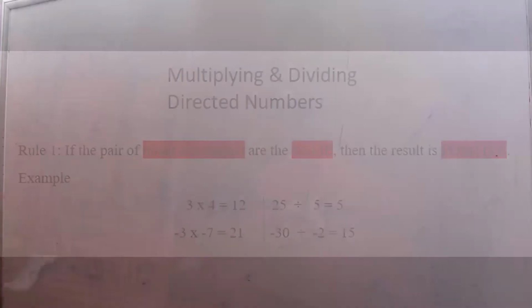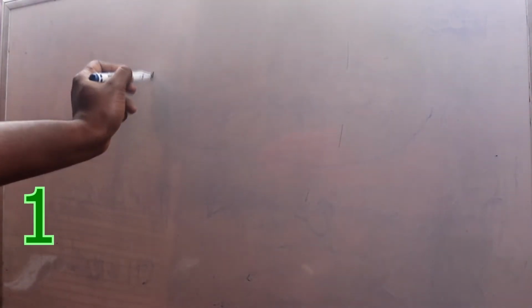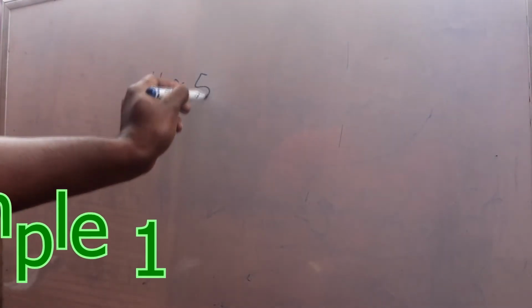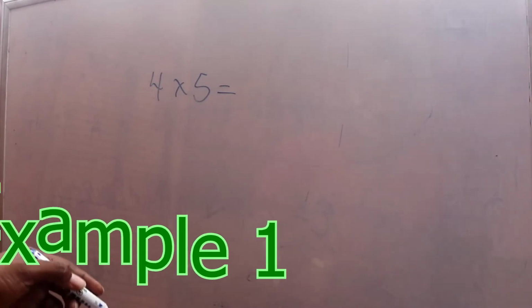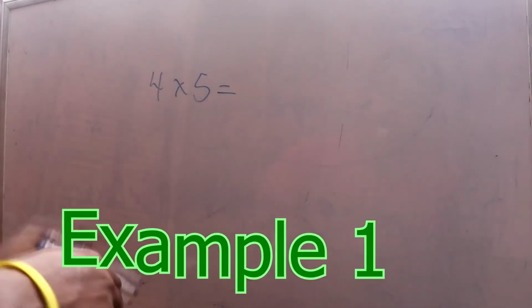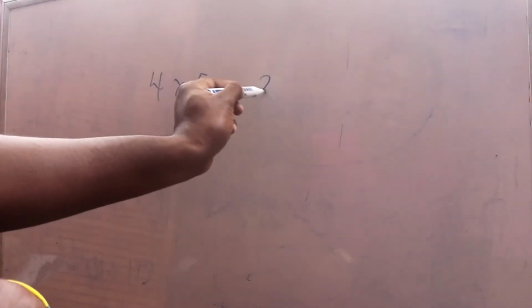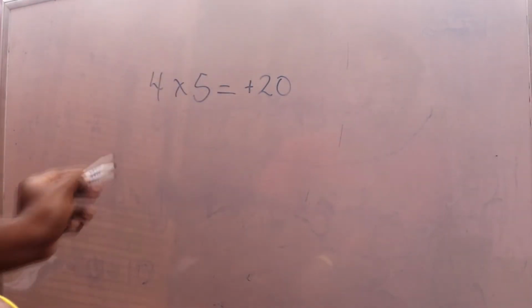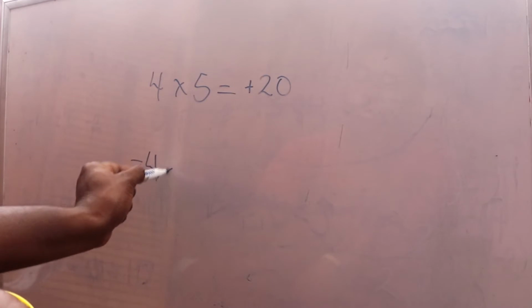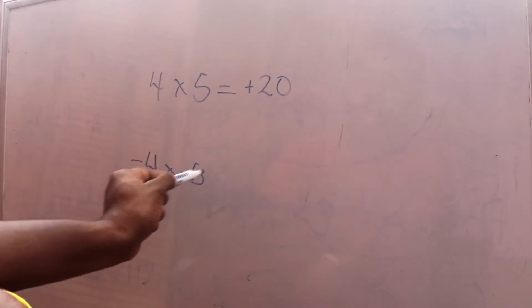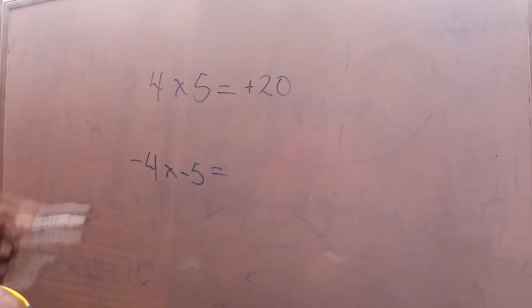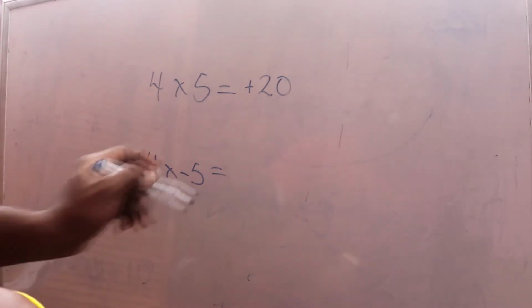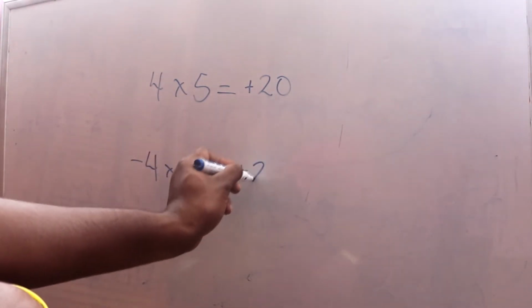So what that is saying is that if you had 4 by 5, both of these numbers are positive. Alright? You're going to get 4 5s are 20. You're going to get a positive result. But if you have a -4 multiplied by a -5, both of these numbers are negative, your answer is going to be +20.